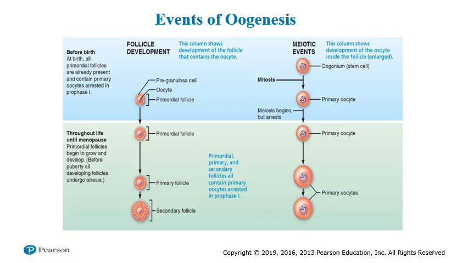The oogonia divide by mitosis in the beginning to produce the primary oocyte that would undergo meiosis 1 to produce the secondary oocyte that undergoes meiosis 2 to produce the ova. So right here, this is your oocyte that is available to us even before we were born.